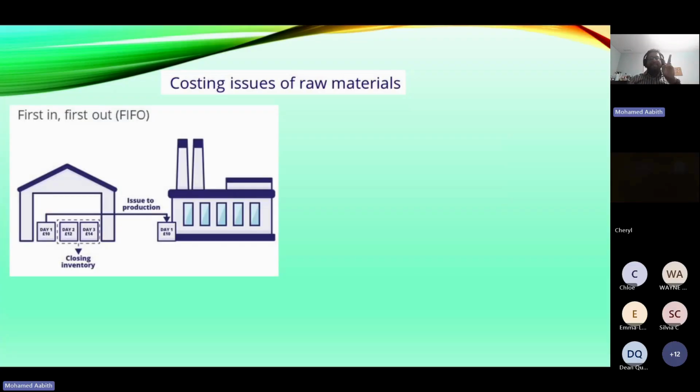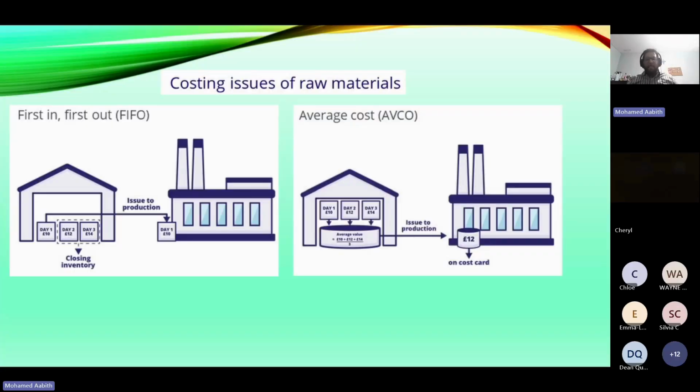So for example, there are two allowable methods for level 3 students. We either can do first in first out, which is FIFO, or we can use average costing, which is AVCO. The difference between them is illustrated properly here. So this is my inventory. If you look at the mouse here, it's showing you this is my inventory. I have received 1, 2, 3. When I'm going to issue to production, I'm going to give what we received on the first day.